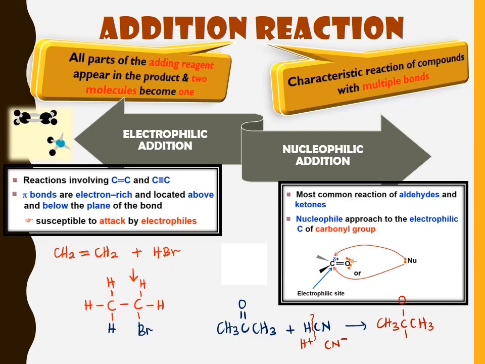I'm sorry. So we put hydrogen here and CN minus bonds with carbon at the electrophilic site. So this is the product. So two molecules combined become one product.